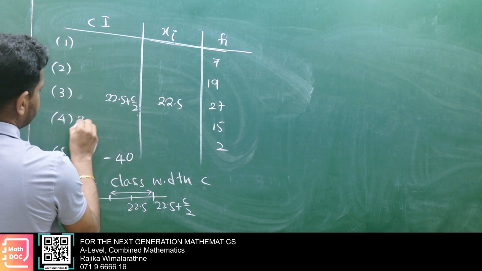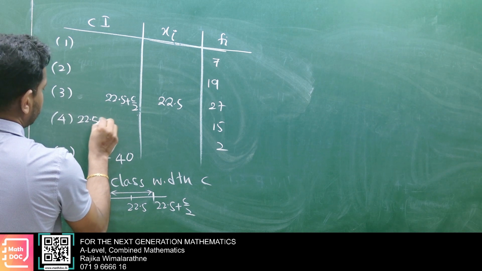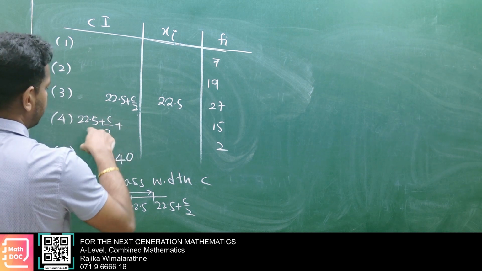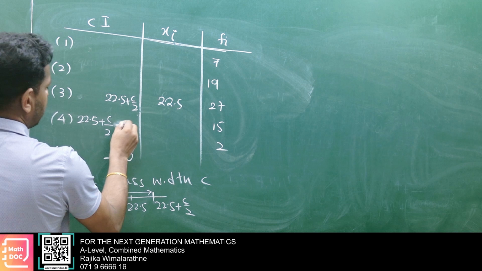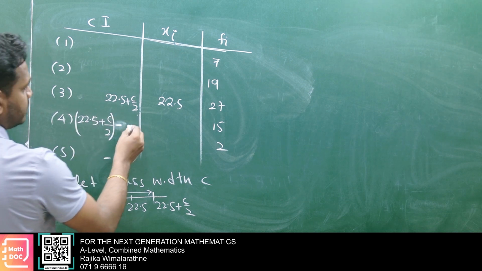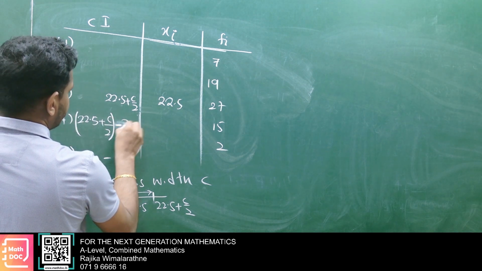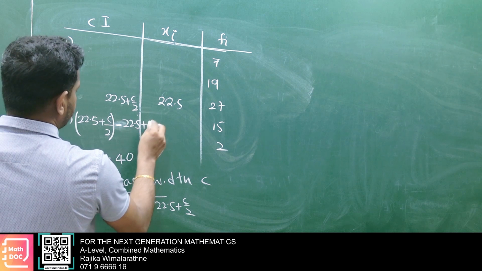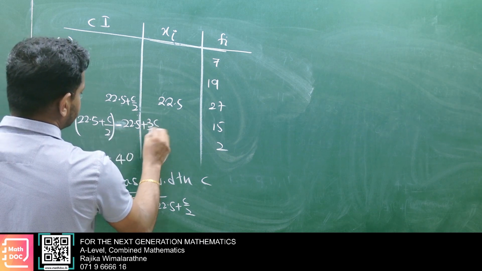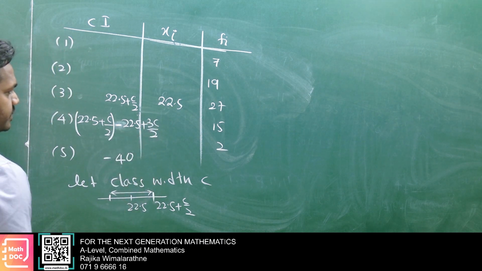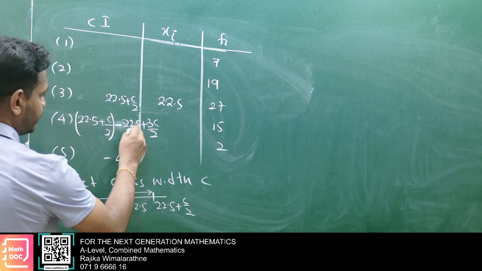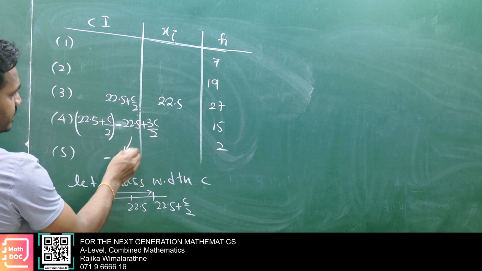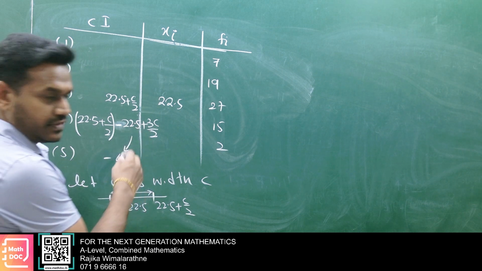Then the same value here, 22.5 plus C over 2. Now we have to add another C. Then 22.5 plus C over 2 plus C, that is 3C over 2. Then you add another C here, then that equals 40.